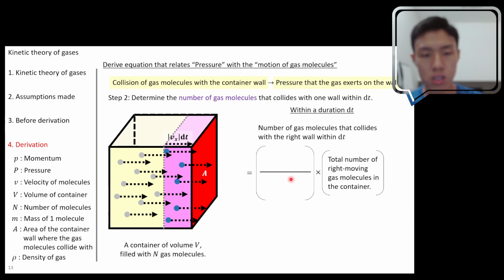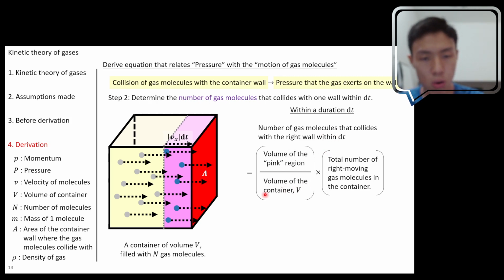We take the total volume of the gas system as the denominator, then we take the pink volume over here as our numerator. So if we know how much is the pink volume and how much is the total volume, we put it as a fraction. From there, we can know that 20% of the molecules are in this region. So 20% of the total number of right moving gas molecules will be the number of molecules that hit the wall within dt.